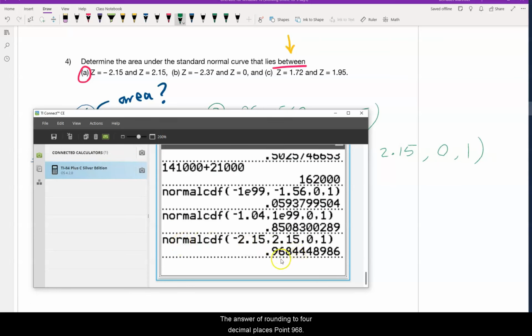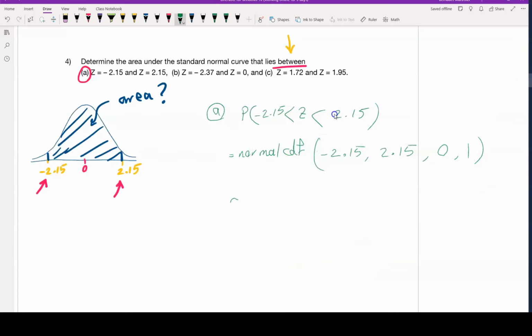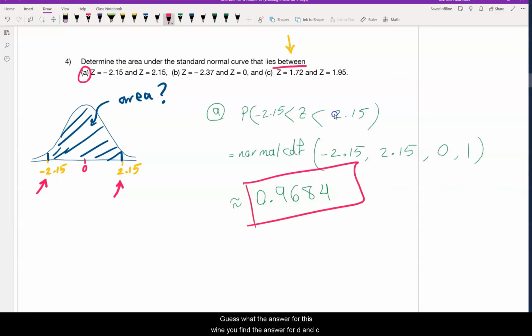The answer rounded to 4 decimal places, 0.9684. This is the answer for this one. You find the answer for B and C. Again, you have to do exactly the same as what I did here, but change the numbers that you have.